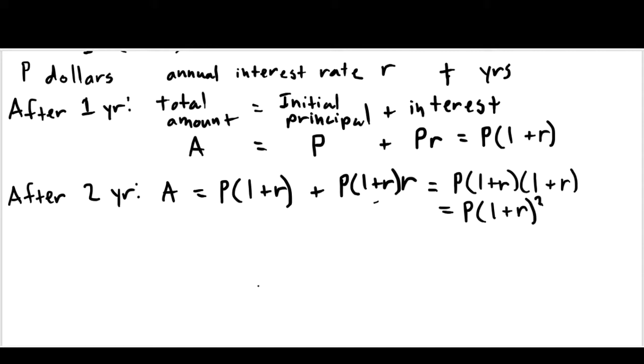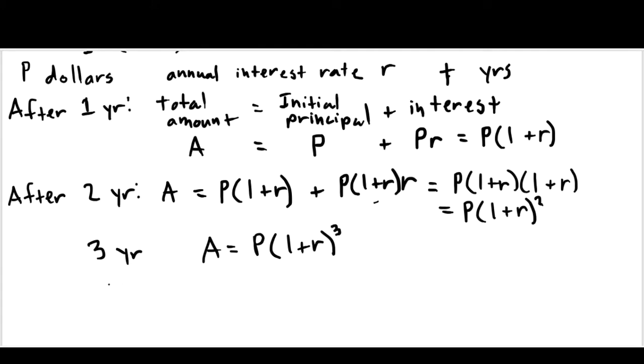Now you could do a similar analysis and find that after 3 years, the formula becomes A equals P times 1 plus R cubed.